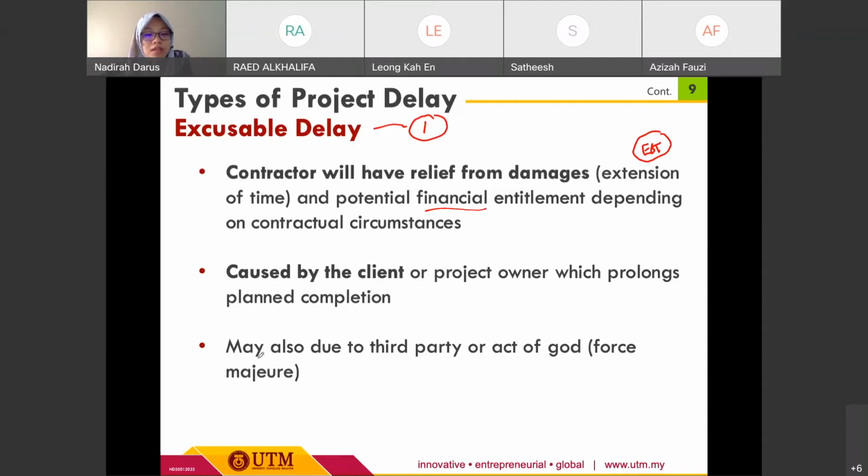Sometimes it may also be due to a third party or act of God, which is force majeure. Force majeure means any act or situation that is out of our control, for example, the pandemic situation. That's the first type of project delay.